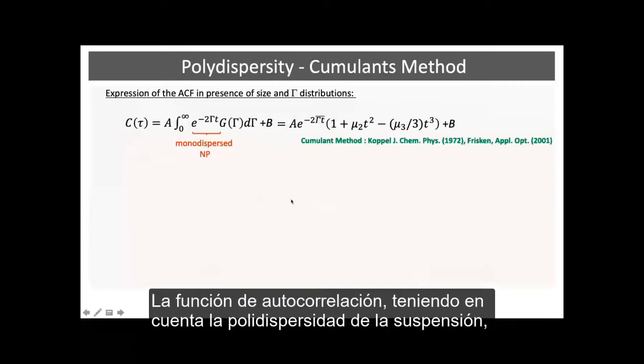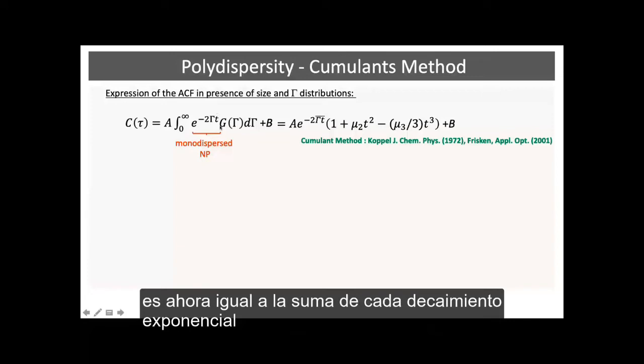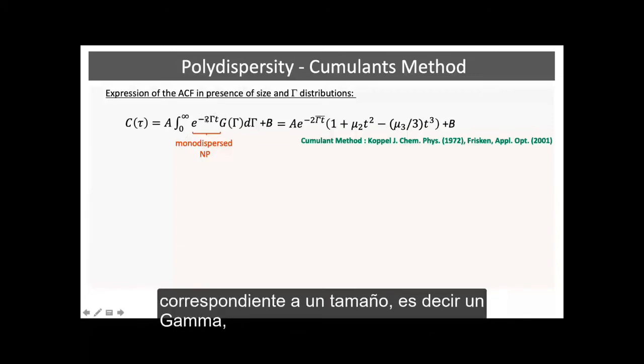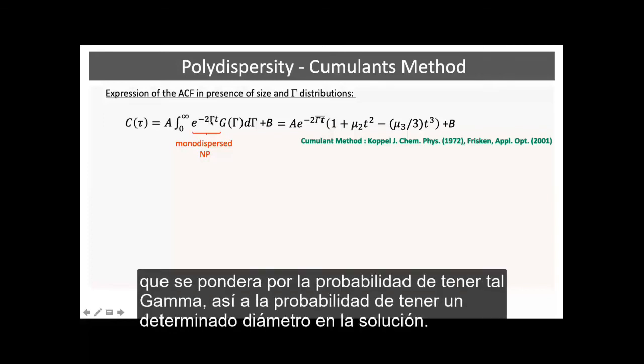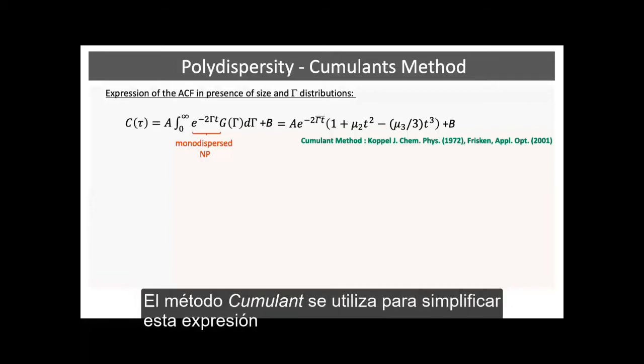Now, the autocorrelation function, taking into account the polydispersity of the nanoparticles, is equal to the sum of each exponential decay corresponding to one size, so to one gamma, weighted by the probability of having such a gamma, so also the probability of having a certain d in the solution.